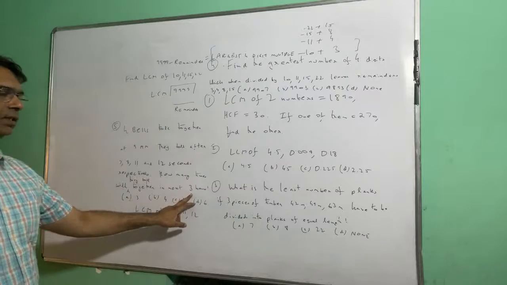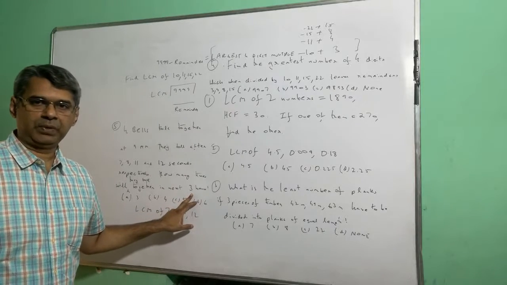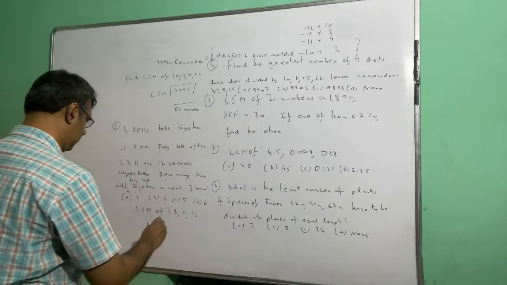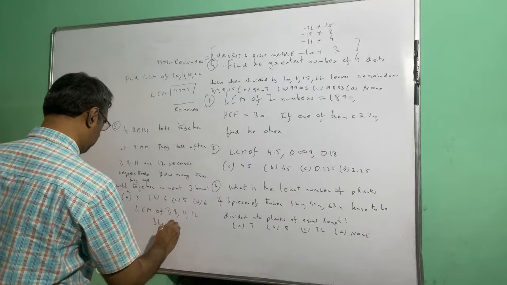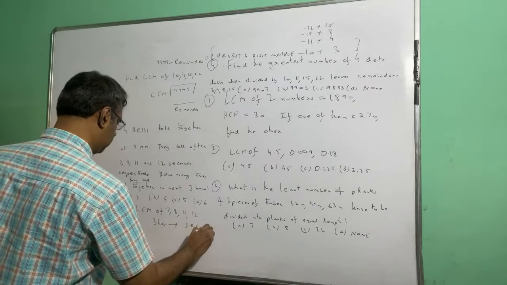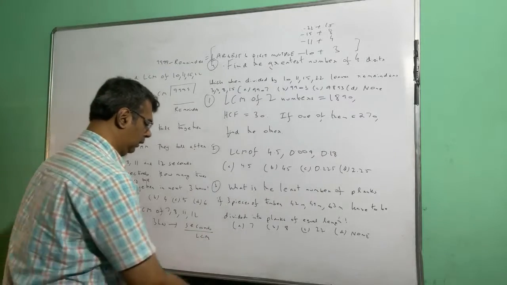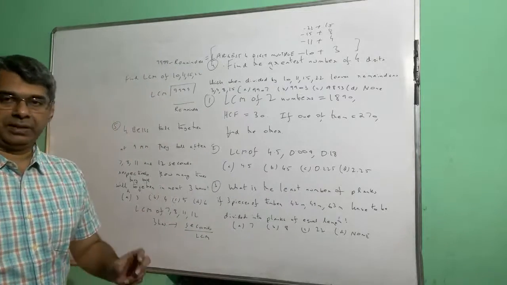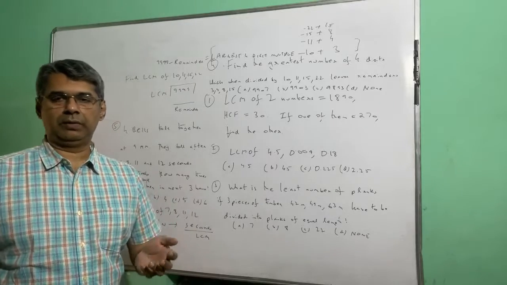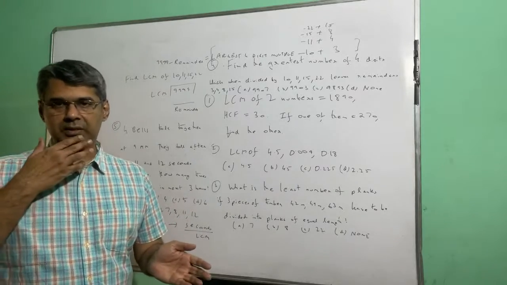And you convert 3 hours to seconds and divide it by this LCM. But you may not get an integer answer, so you will have to round it off to the lower integer.